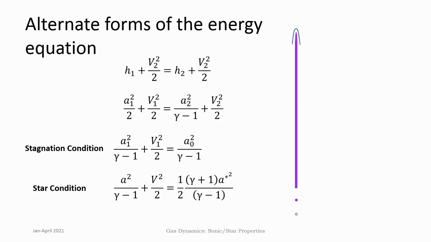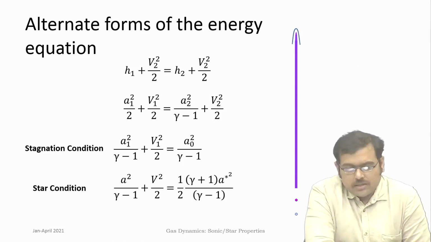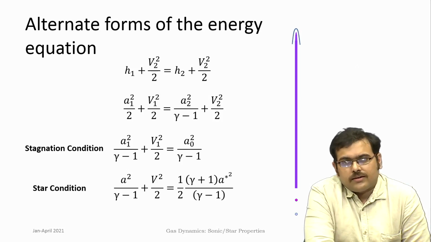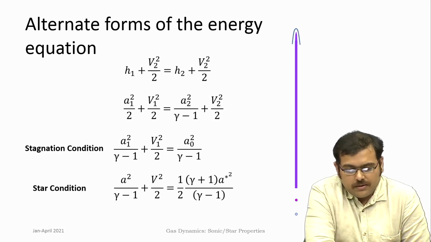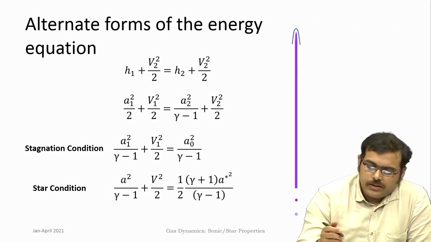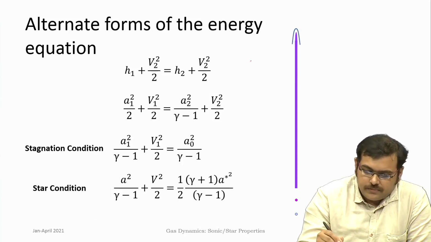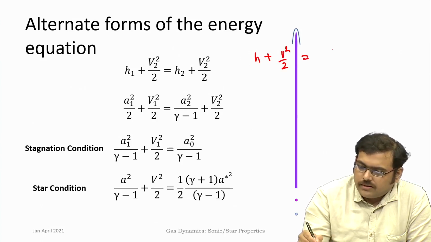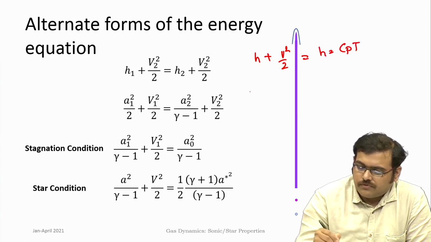The alternate forms of the energy equation are really useful, and that is to convert the enthalpy using the definition of speed of sound. Of course, this is valid mainly for perfect gases. If you look at this, h plus V square by 2, where h is CpT for a perfect gas.